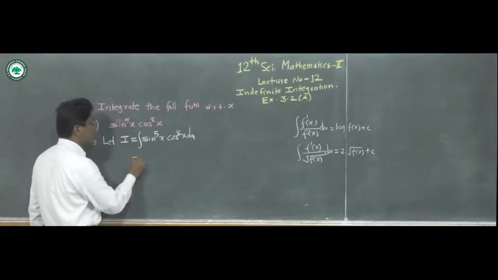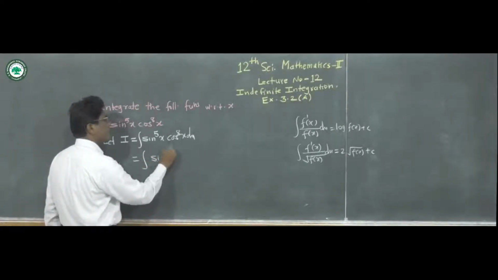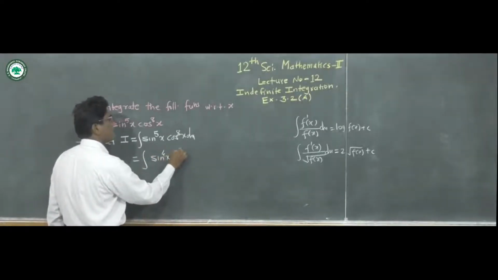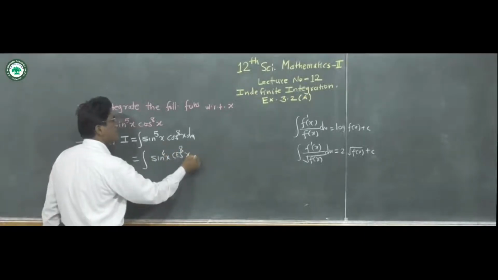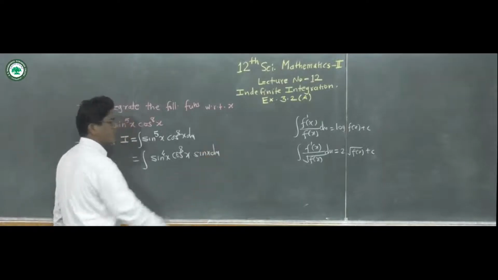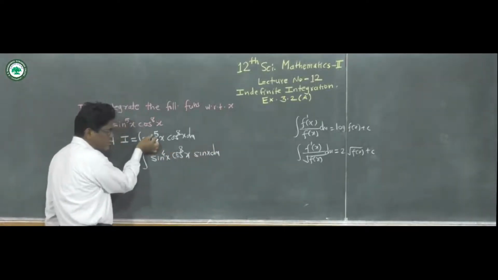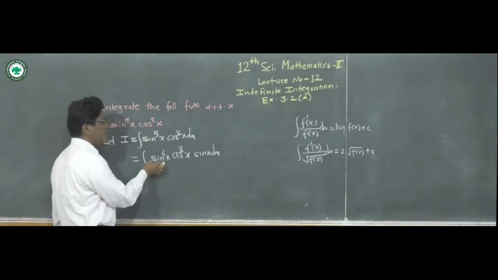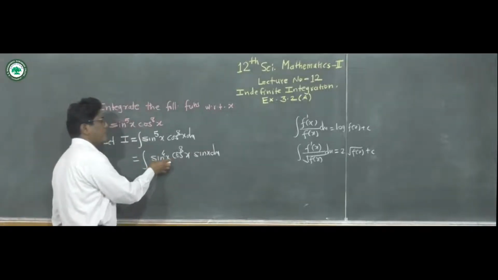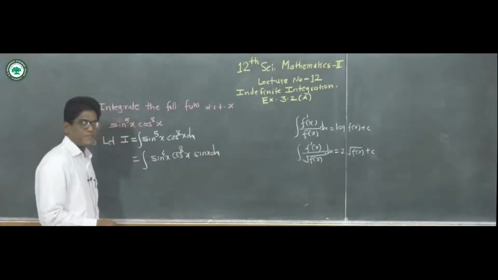So this is equal to integration of sin raised to 4x, cos raised to 8x, and one sin x, sin x dx. Sin raised to 4 and sin raised to 1 becomes sin raised to 5x. So we get integration of sin raised to 4x cos raised to 8x into sin x dx.